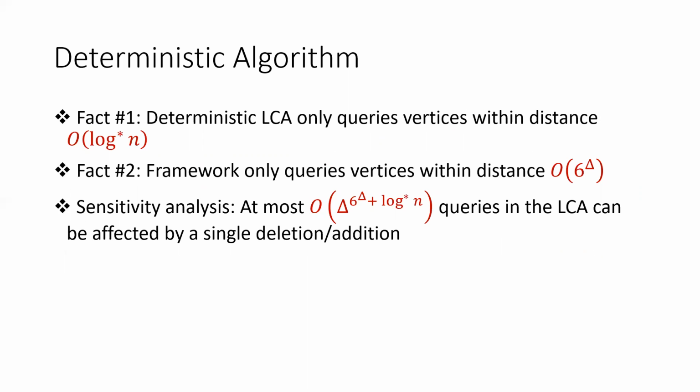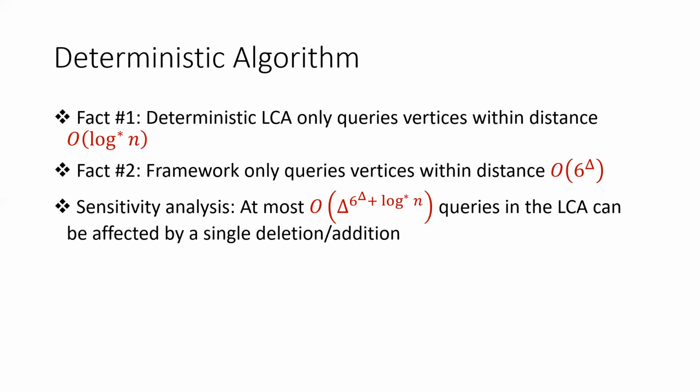So combining these facts, we have a deterministic LCA that queries vertices within distance log star n, and a framework that queries vertices within distance 6 to the delta. And by considering a tree analysis, one can show that the sensitivity is at most delta to this quantity, 6 to the delta plus log star n.